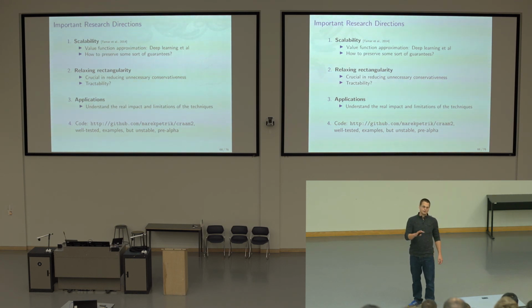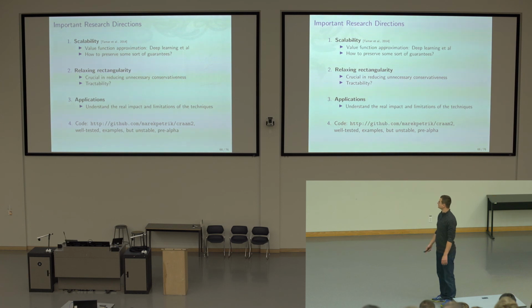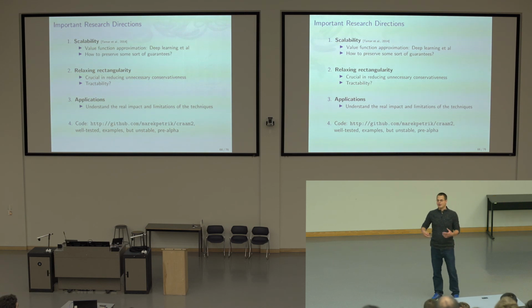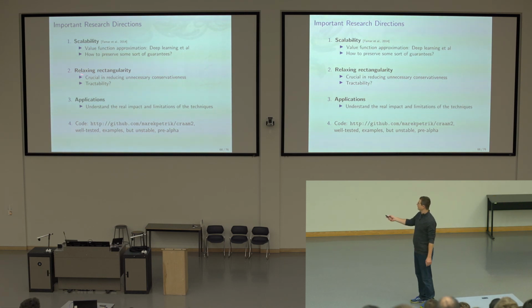The problem is that you lose a lot of the guarantees, which you may or may not care about. Rectangularity is one of these things that we generally use because we can solve those problems, not because it is always the right framework. And so we need to understand how we can relax this assumption and preserve tractability.